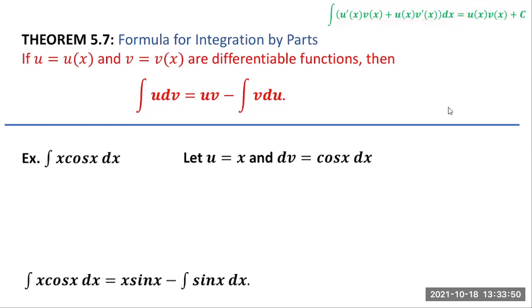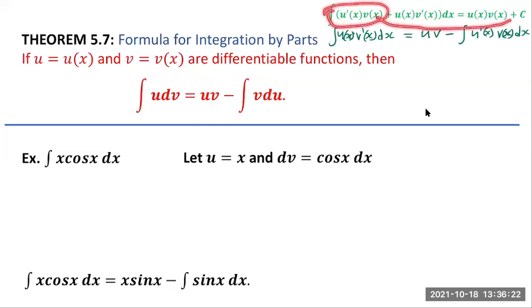Now what you do is send this particular term to the other side. Let me write down what I get. I moved this part to the other side. Since we have integrals on both sides, I don't really have to put the constant, because when you do the integration, you are going to put a constant anyway.